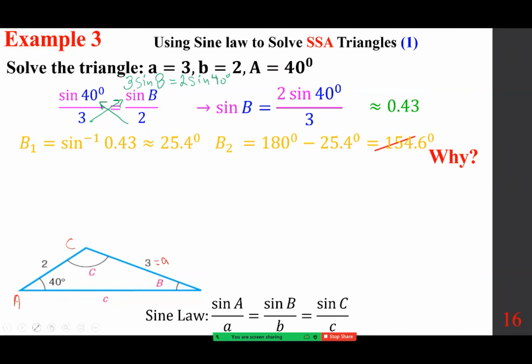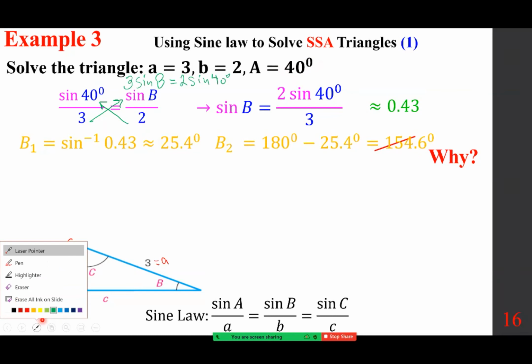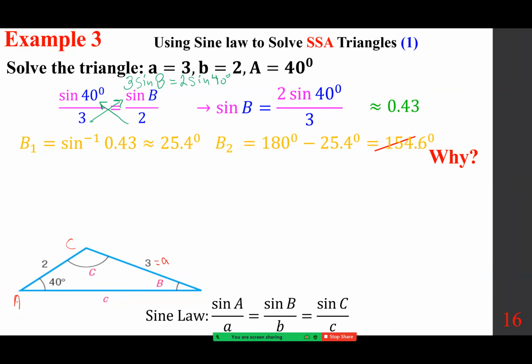I want to make sure everybody understands this. So let's write out 40 plus 154.6 larger than 180, and that's why it can't be done. Ignore it. We have only one triangle where A is 40 and B.